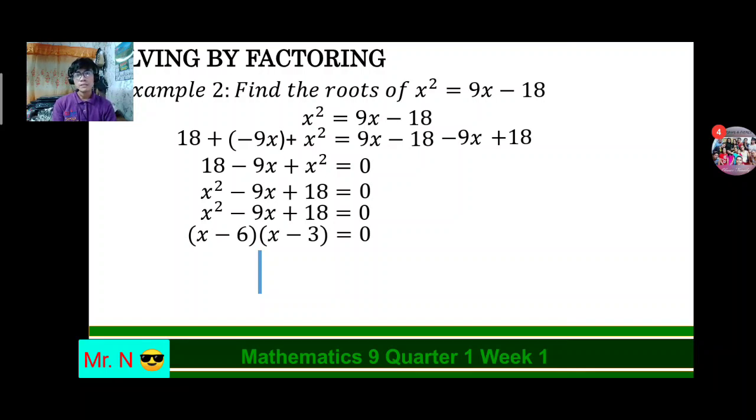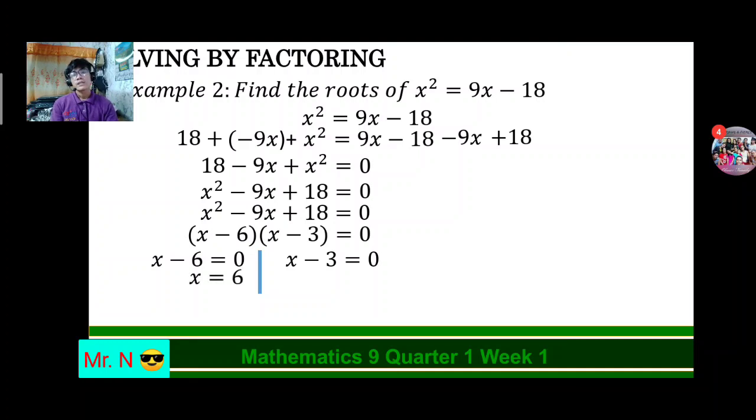Sunod, step number 3. Using the zero product property, we're going to equate each factor to 0. So, we have first x minus 6 equals to 0. And then the second one, we have x minus 3 is equals to 0. Tapos na tayong step 3. Step 4 na tayo. Solve nyo na yung equation from step number 3.